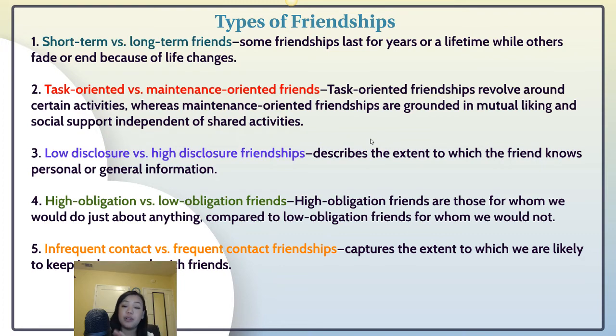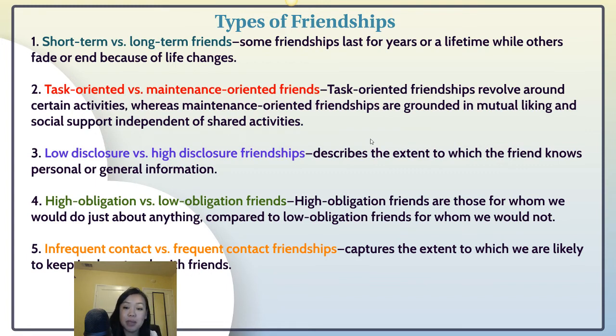Then we have infrequent versus frequent contact relationships. This is the extent to which we are likely to keep close touch with friendships. I think this is interesting too, because especially in the age of social media, this is no longer limited to just proximity. So I could actually keep in close touch with a friend that is in New York, right, because of social media.